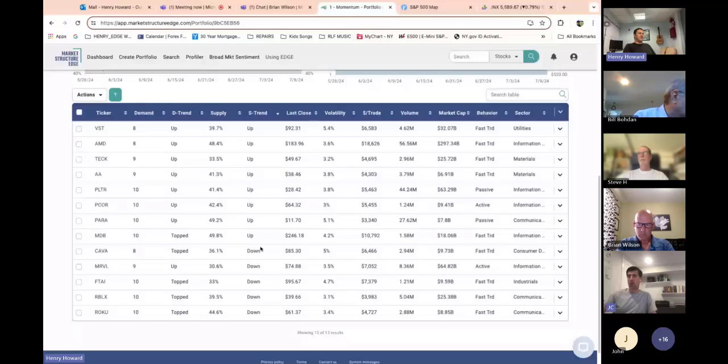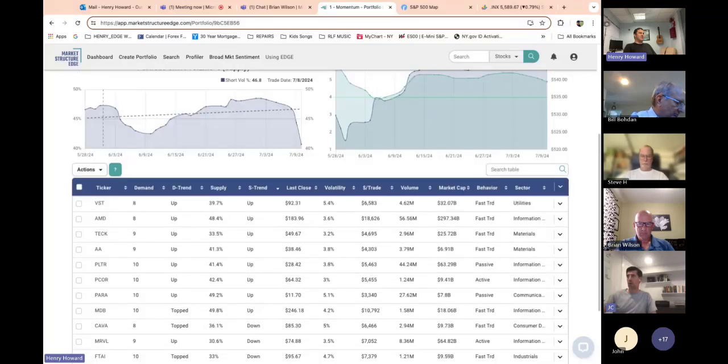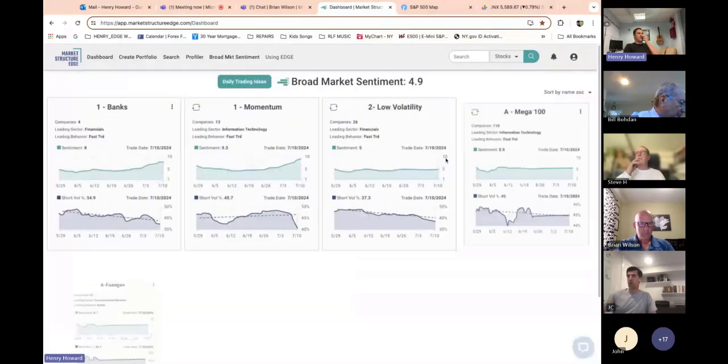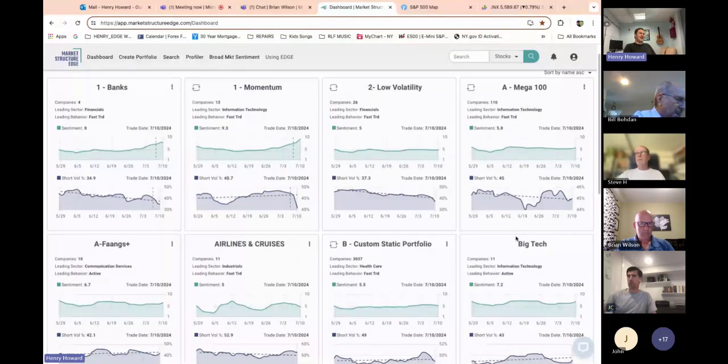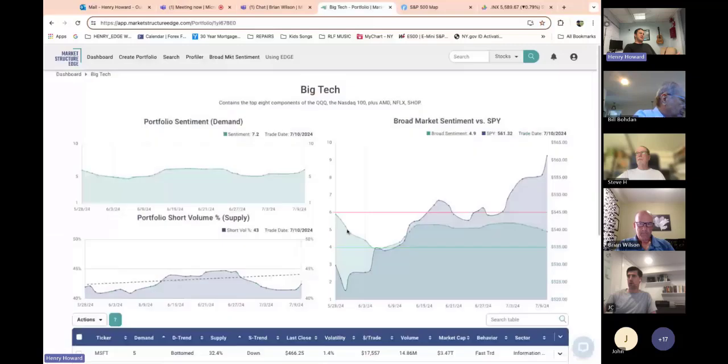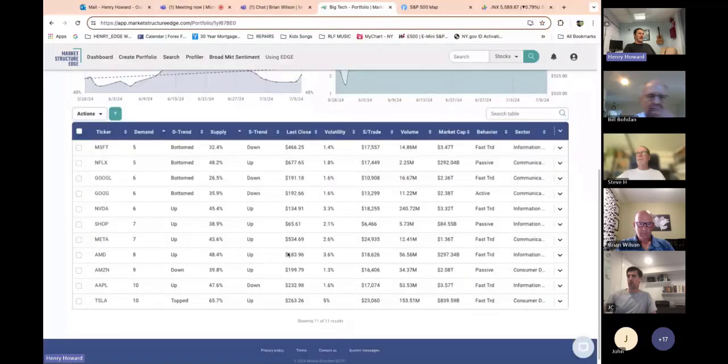Obviously you can look at supply up or down, but a lot of the time I like to think about supply trend as the relative supply. So let's go just off the top of my head. I spent a lot of time in big tech, everybody knows that by now. But let's look at something I wanted to point out last week in Tesla.